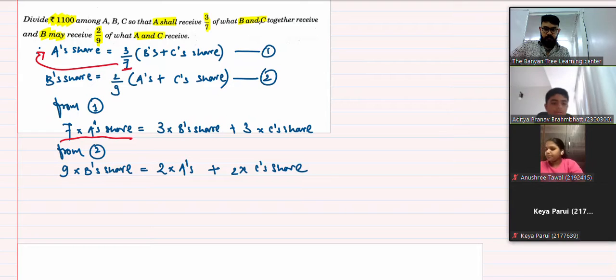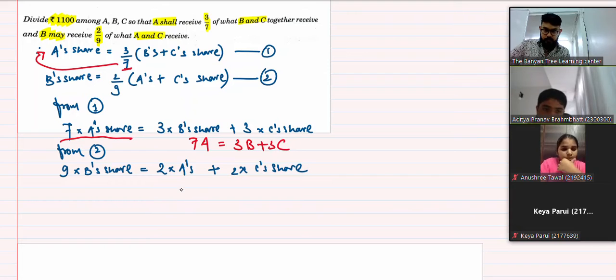So we can simplify and make an equation: 7A is equal to 3B plus 3C, and 9B is equal to 2A plus 2C.